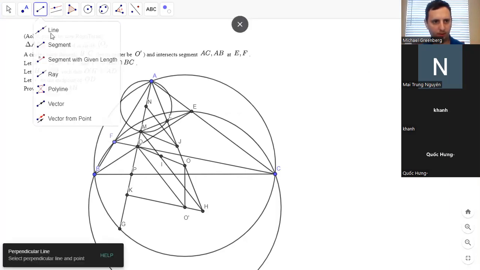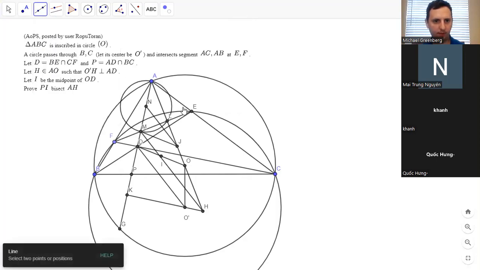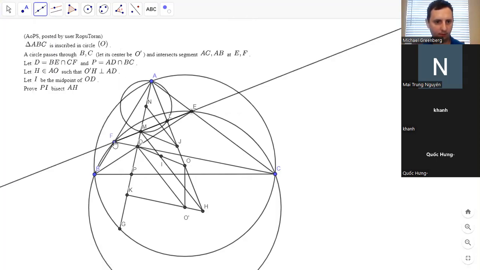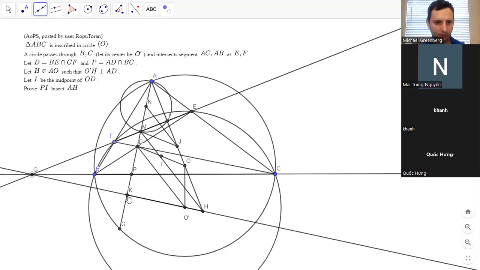What happens if I let EF and BC intersect? Is there anything special about that point? I don't think so. Oh, maybe that point lies on KH? Yeah, okay. We have to prove that, but that looks like it might be helpful.